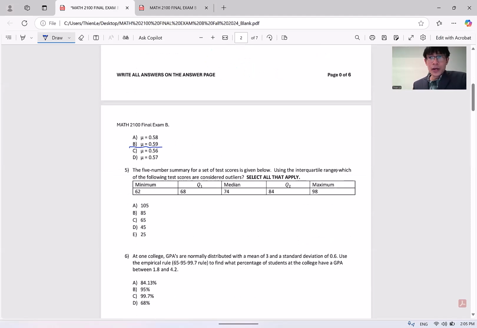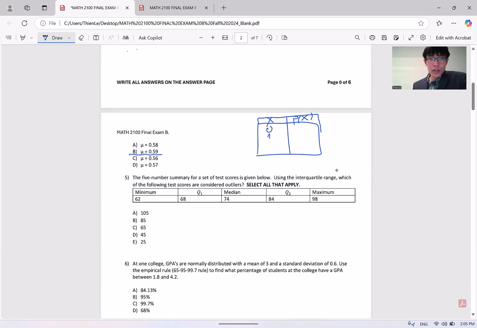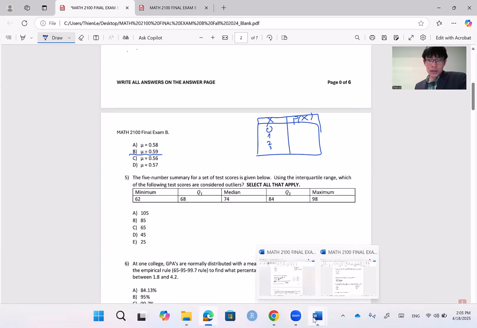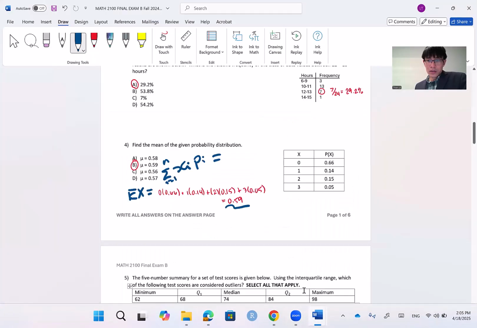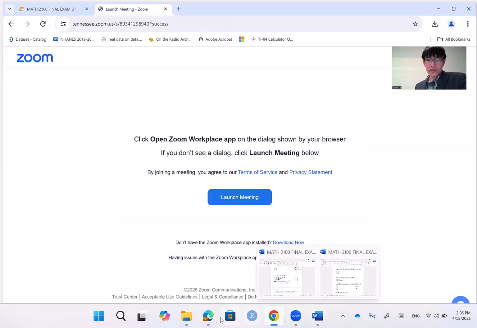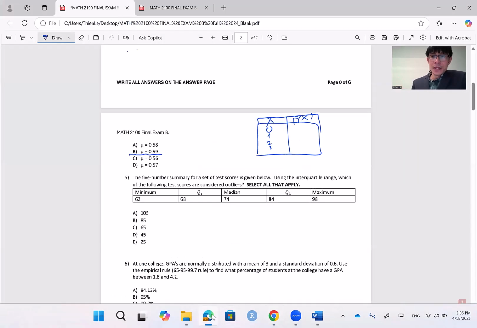Okay, so we do have a table here, with x and P(x): 0, 1, 2, 3, and the probabilities 0.66, 0.14, 0.15, and 0.05.